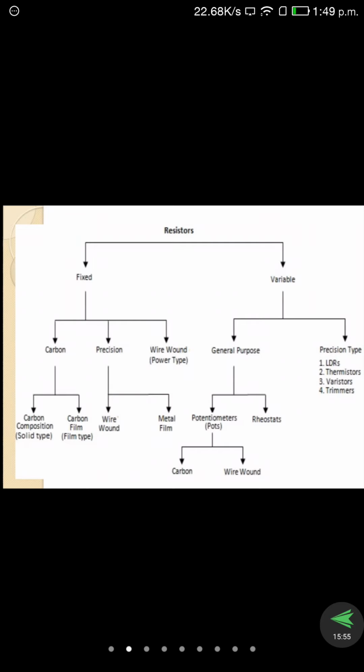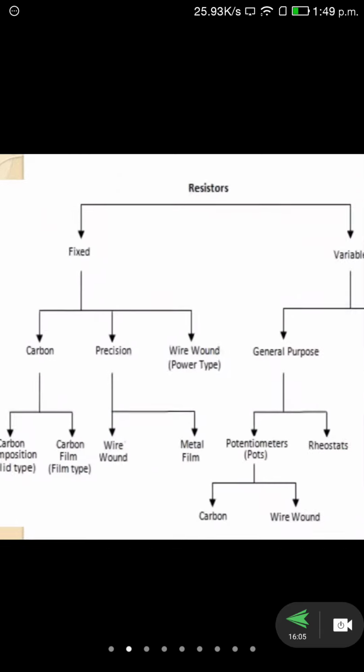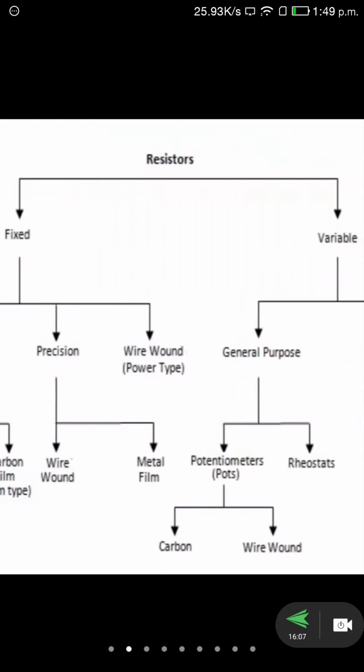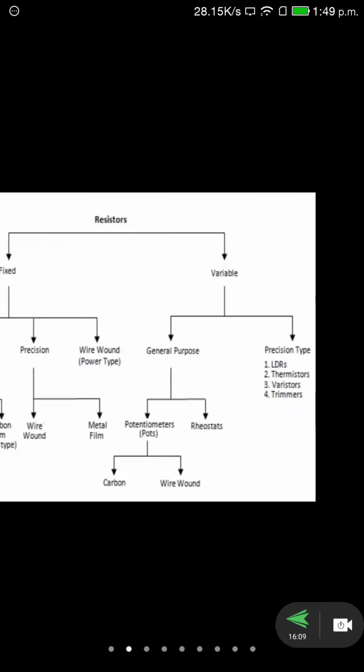Simply, we take an insulating material like ceramic or mica, or even carbon, which also offers resistance, wood, plastic or fiber, whatever it may be, as a base. Then the resistor wire is wound around the insulating material, and that structure we call a wire wound resistor.